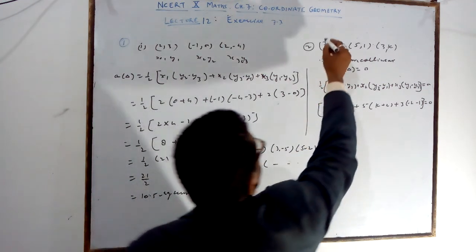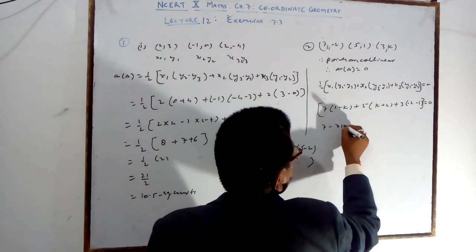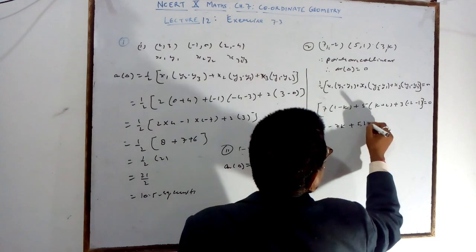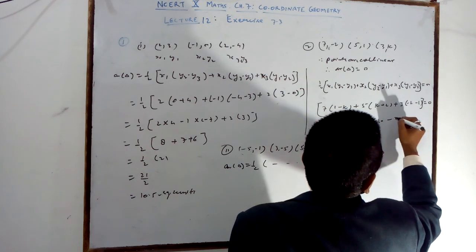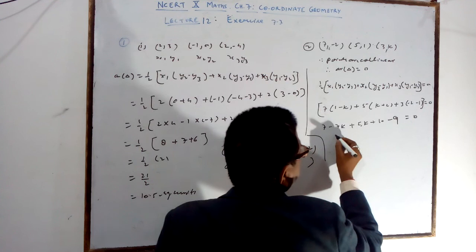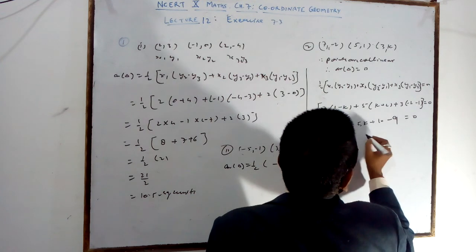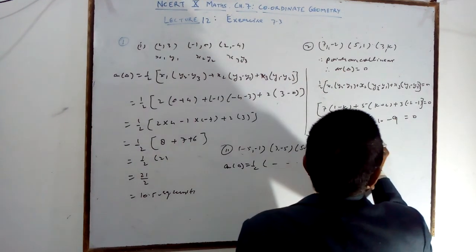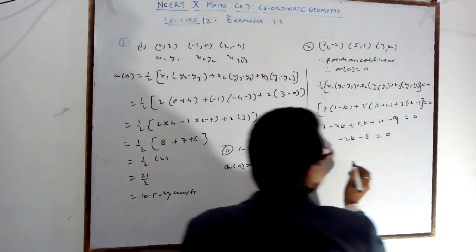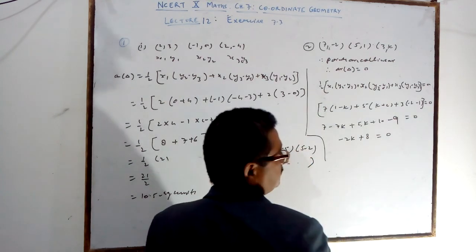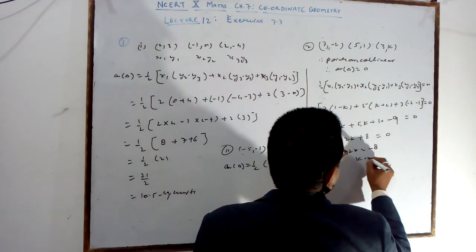So 7 minus 7k plus 5k plus 10 minus 9 is equal to 0. 7 minus 2k plus 10 minus 9... that is 17 minus 8, minus 2k minus 8 is equal to 0, so minus 2k is equal to minus 8 and k is equal to 4.